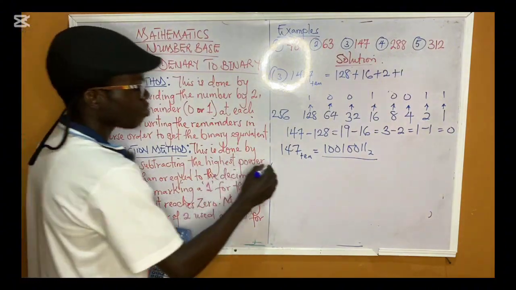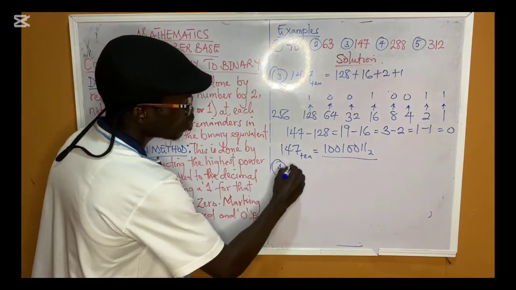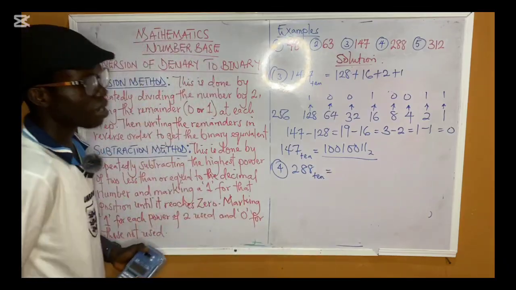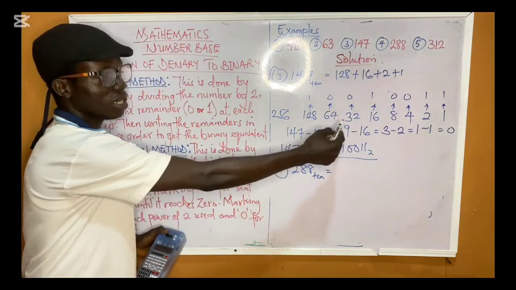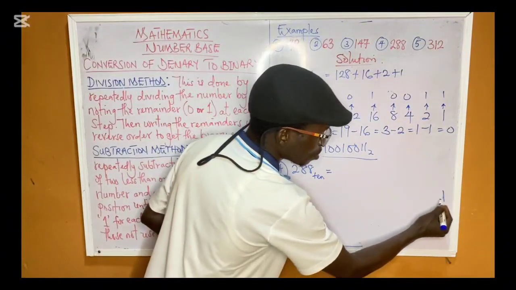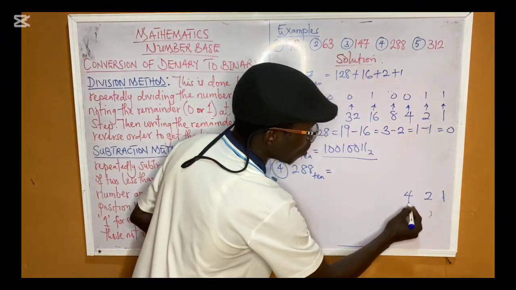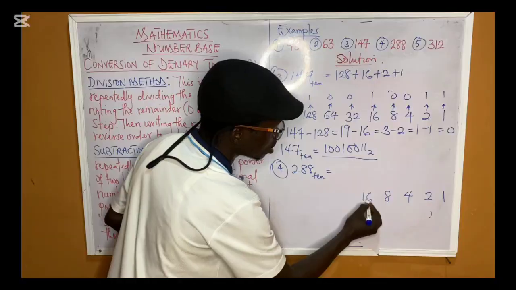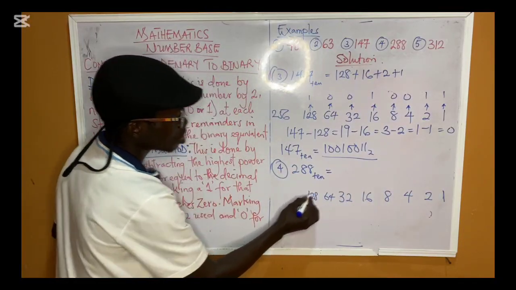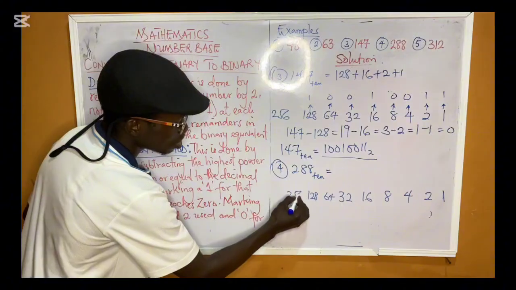Now, for number 4, we have 288 base 10. Remember, we are going to write the powers of 2, starting from 1, 2, 4, 8, 16, 32, 64, 128, 256.